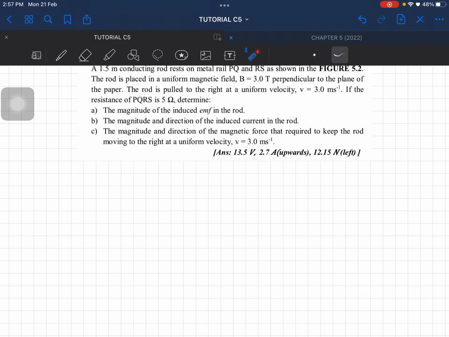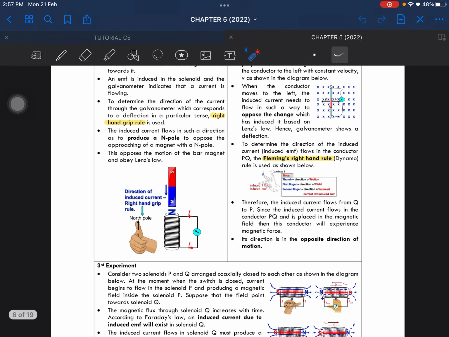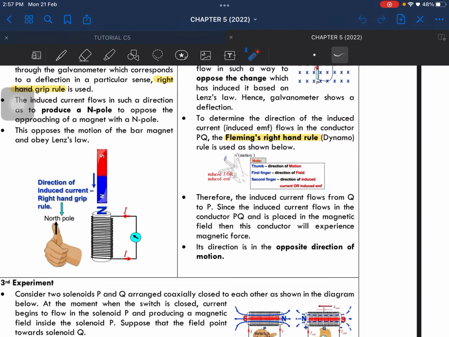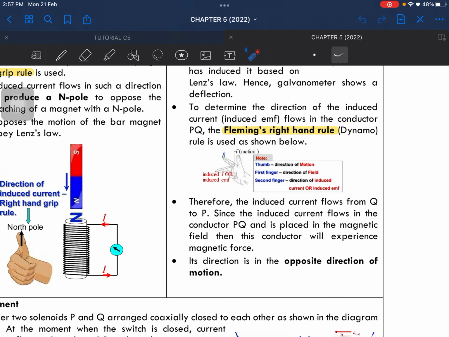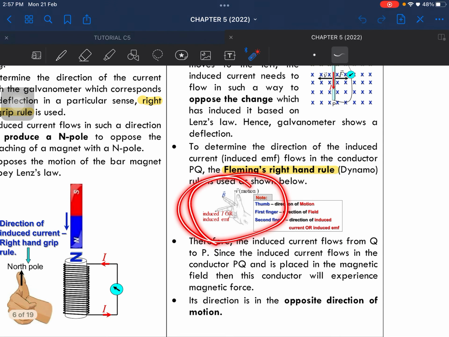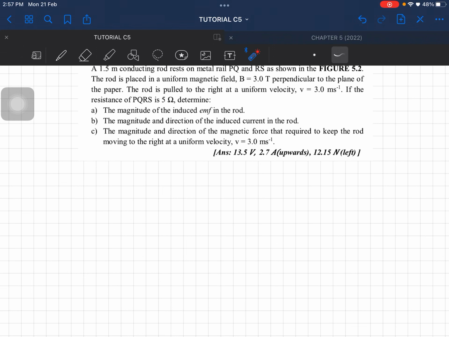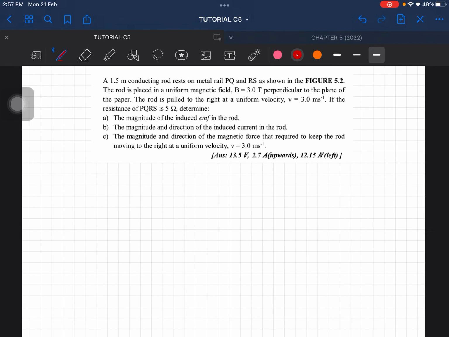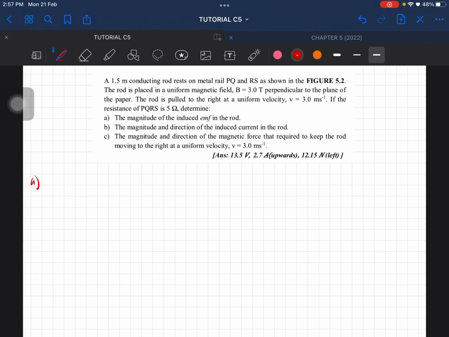We are going to use Fleming's right hand rule. Remember, you have to be able to remember which rule to use to determine the direction. For this case, this is a straight conductor, so we are going to use Fleming's right hand rule.